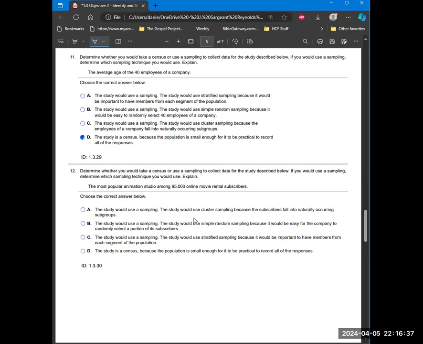Let's determine whether you would take a census or use a sampling to collect data for the studies described below. And if you would use sampling, determine which sampling technique you would use and explain. The most popular animation studio among 95,000 online movie rental subscribers.